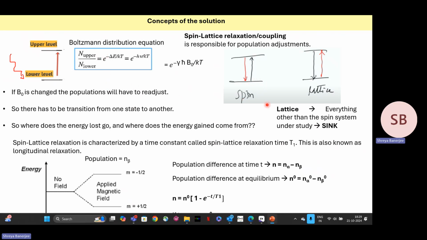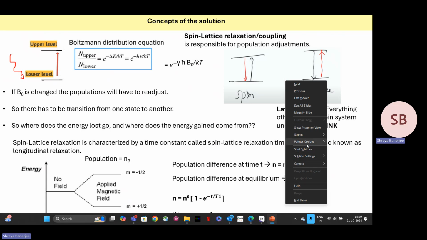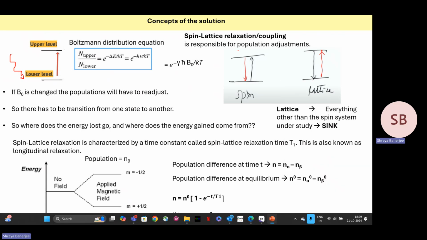And how this happens is spin lattice relaxation. So lattice is basically everything other than the spin system you are studying. So after the pulse is stopped, the spins in the upper level will come down, and while this happens, an energy will be released. Where will this energy go? This will be absorbed by the lattice in order to promote its spin from lower to higher.